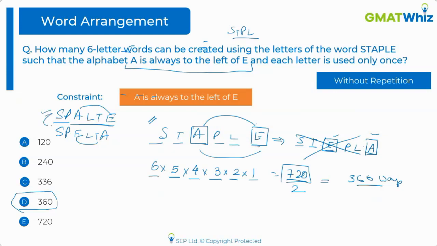For one word, there's always a second word, which is just the opposite of it. So you can say all the correct cases are occurring twice, and I don't need this one. My total cases is 720. So if I want my correct case, that is simply going to be 720 by 2, which is 360.